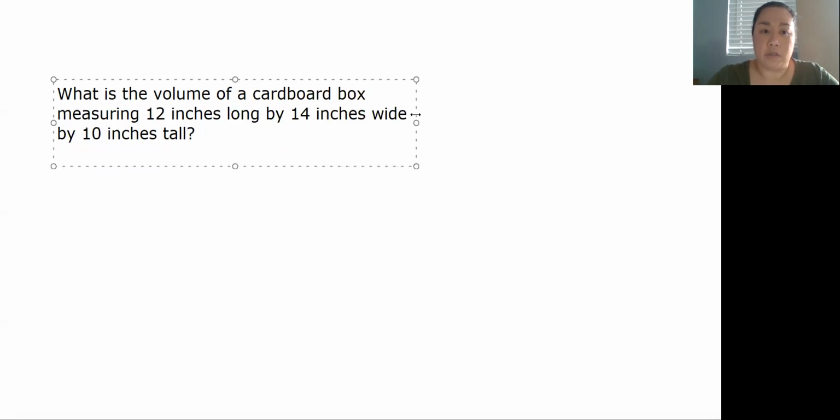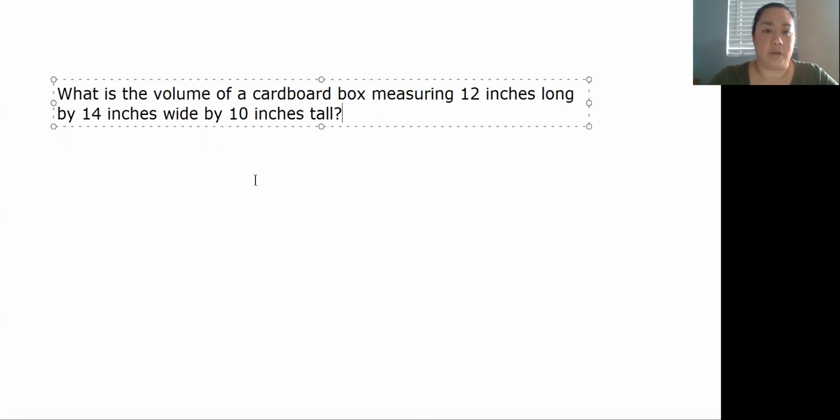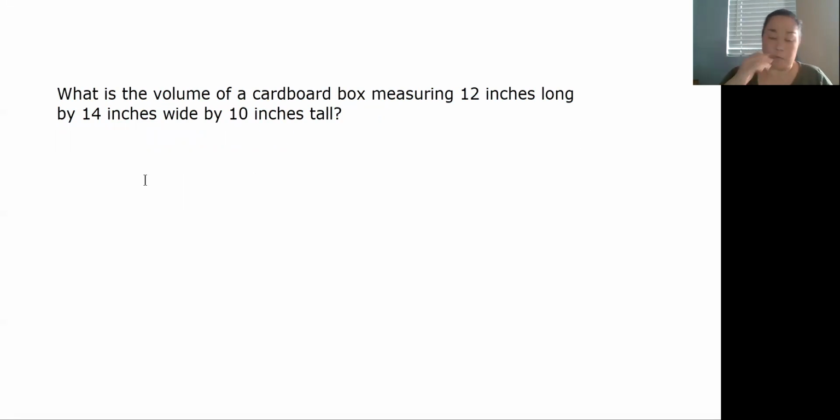So I noticed in your book, and I think they may give you, any equations that you might need in case you don't remember, because I don't know if anybody would really completely remember this, okay? So the equation for volume equals length times width times height, okay? And I have all those numbers.